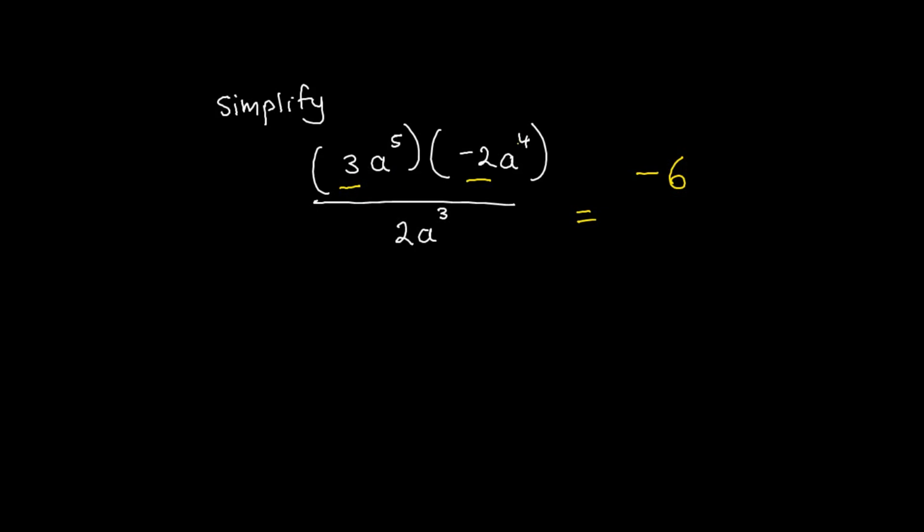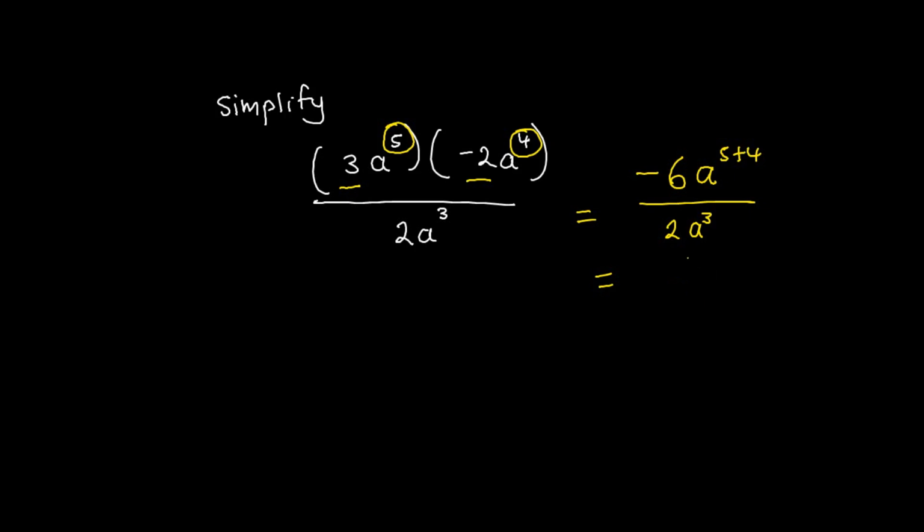When multiplying and the bases are the same, we keep the common base of a and we just add the exponents together. We are multiplying in this case, so it's going to be a raised to the power of 5 plus 4, all over 2a raised to the power of 3, right? So negative 6 divided by 2, that's negative 3, right? And of course, this is just a raised to the power of 9.